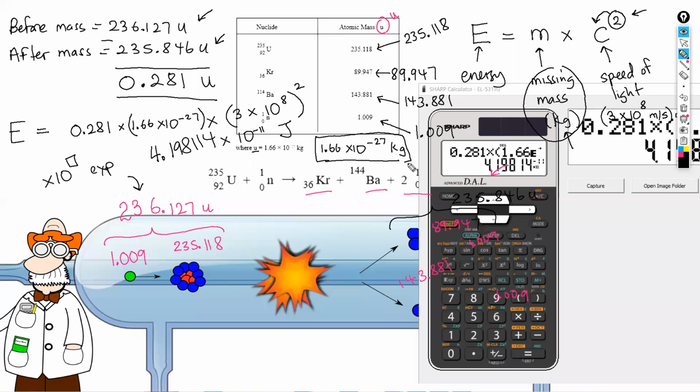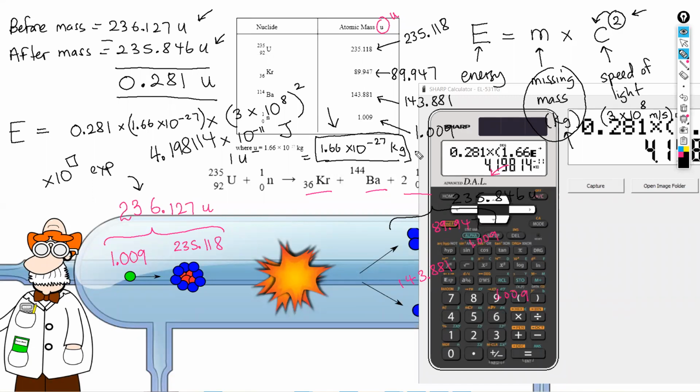That's similar to this question. 1 U is just equal to this amount of kilograms. It's a value that was come up with over time. So anytime you're seeing 1 U, to convert it to kilograms, you just have to multiply it by 1.66 multiplied by 10 to the power minus 27.